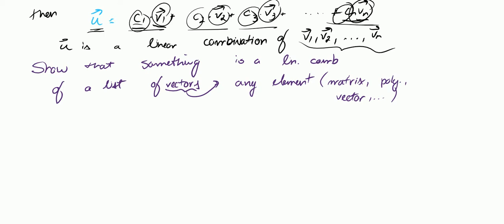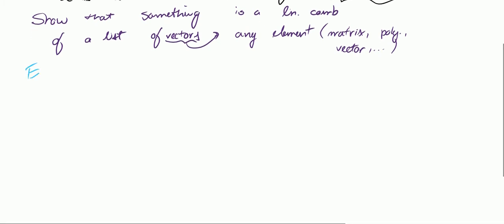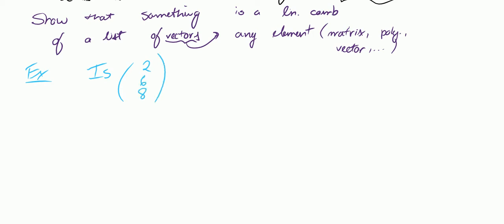So I'll give you an example. I want to know if the vector 2, 6, 8 is a linear combination of the vectors 1, 2, 1, 0, 2, 3, and 2, 0, minus 3.